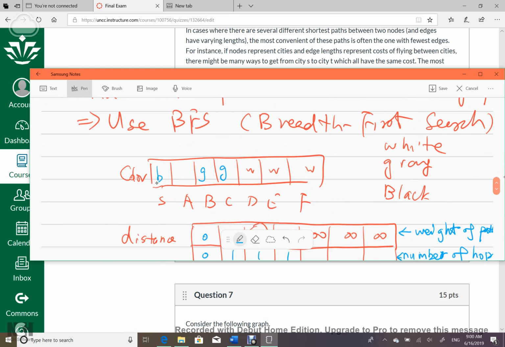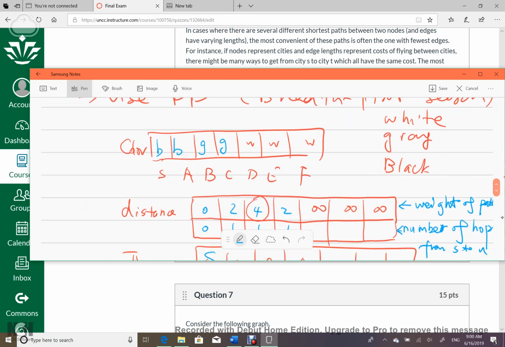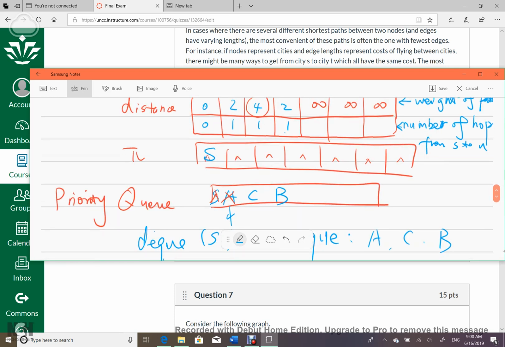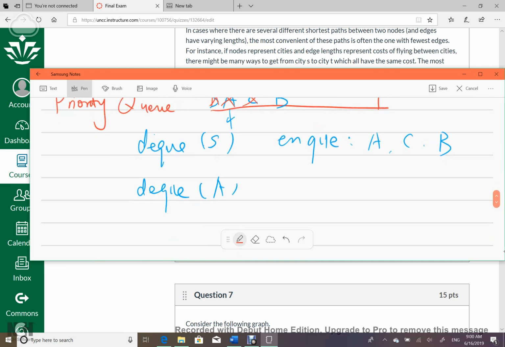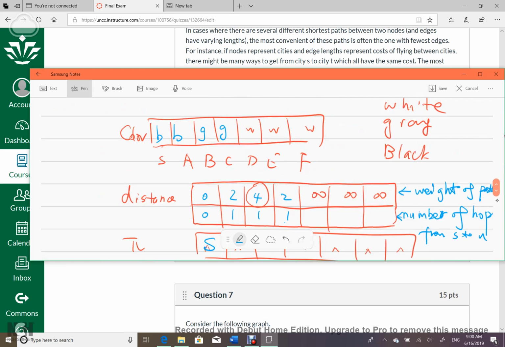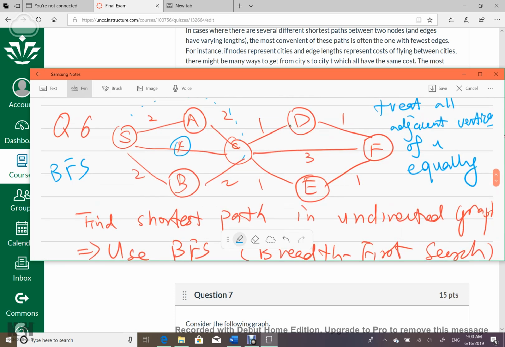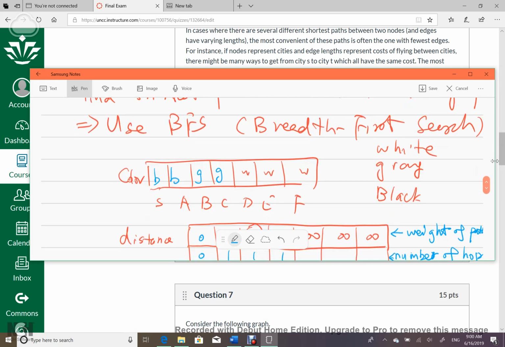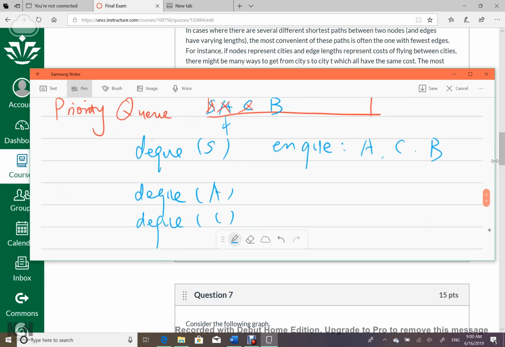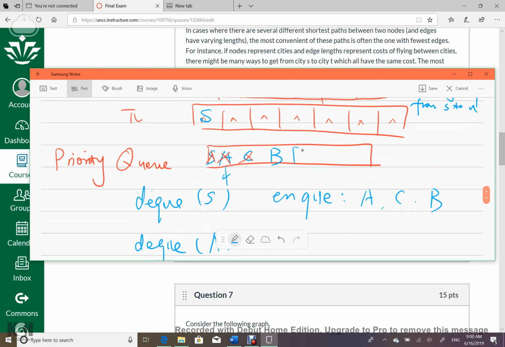And also once you finish, you mark it as B, right? Change the corner. Now you DQ, this one, DQ C. And once you DQ C, take a look, go back to here. And then you have a new adjacent vertex, D, F, E. So you have D, F, E in Q. Can you see?